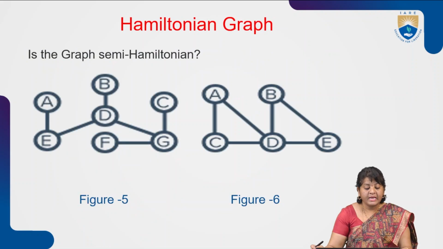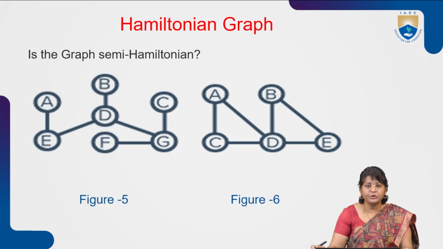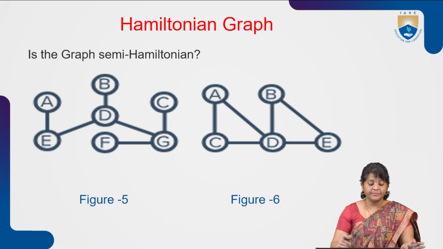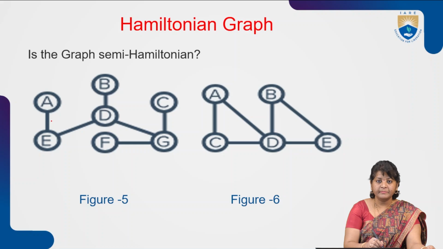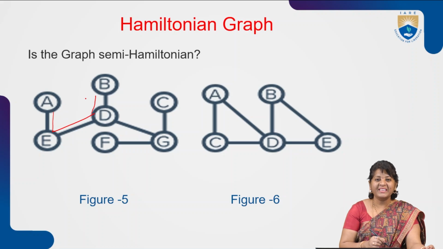The next example is a graph to check for semi-Hamiltonian, as we know the conditions. I will start from A to E, E to D, and D to B. So here there is no possibility to find a semi-Hamiltonian path because the vertex D is in the center.